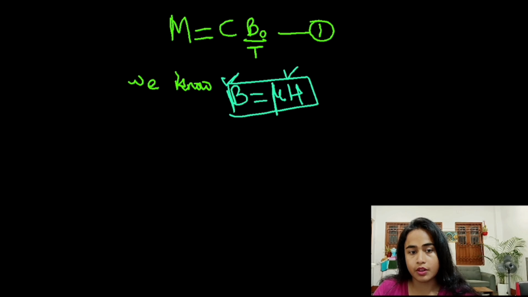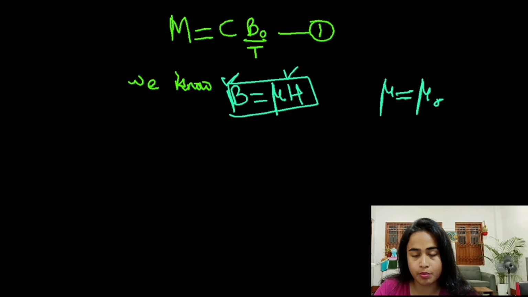All right, here mu further is mu naught mu R, your relative permeability, and mu naught is the permeability in free space.